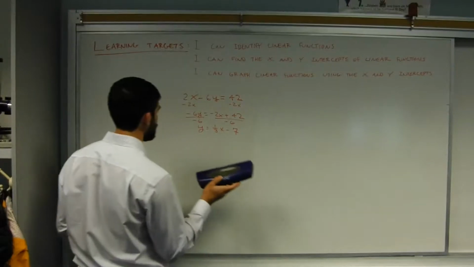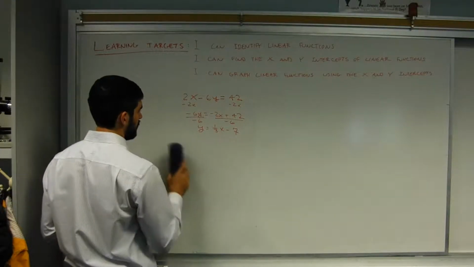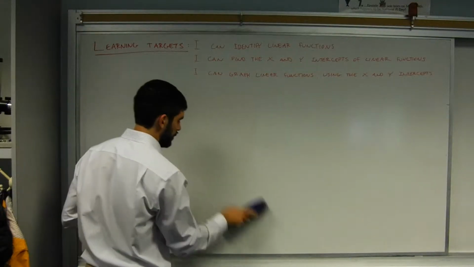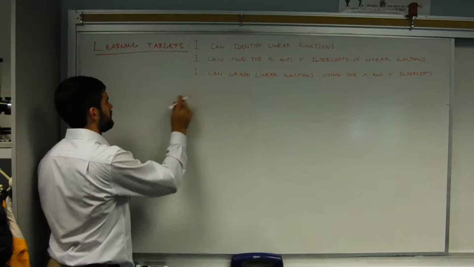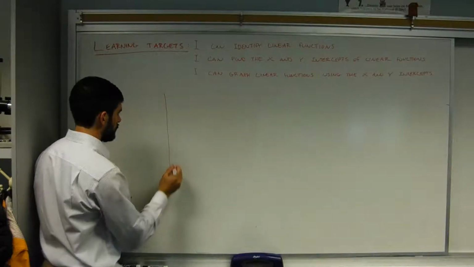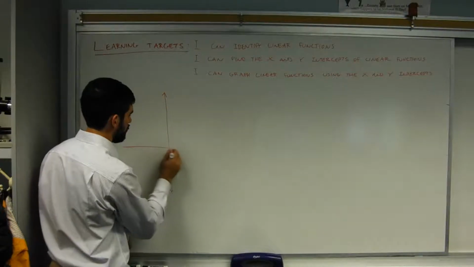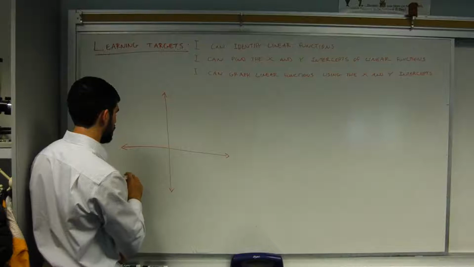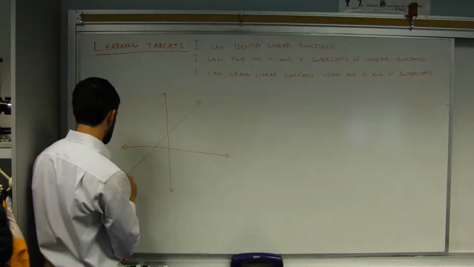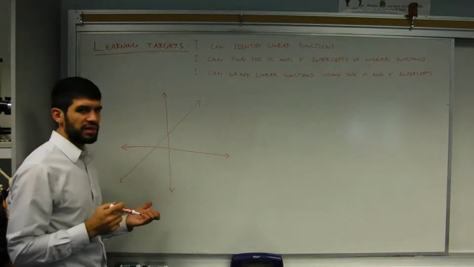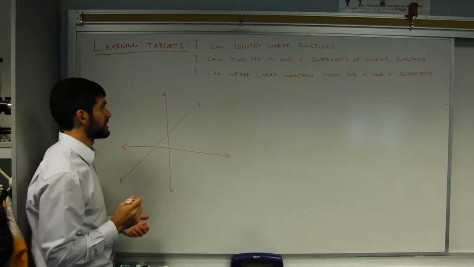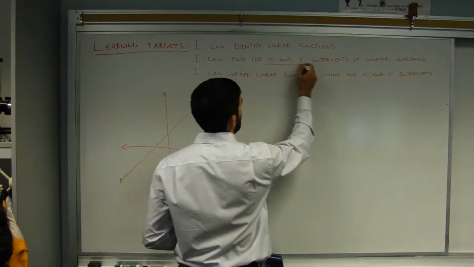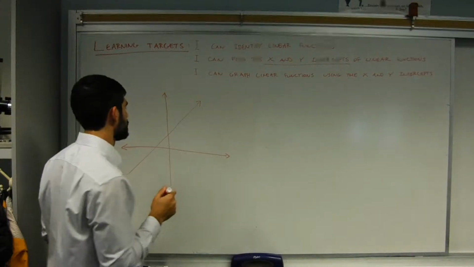So the graph of a linear equation is a line, and a line plotted is going to look something like this. And today the main concept that we're going to explore are the x and the y intercepts.